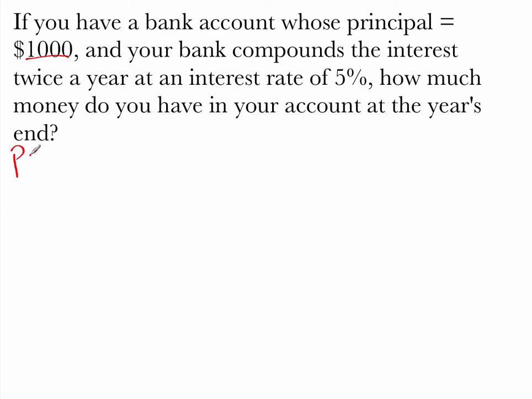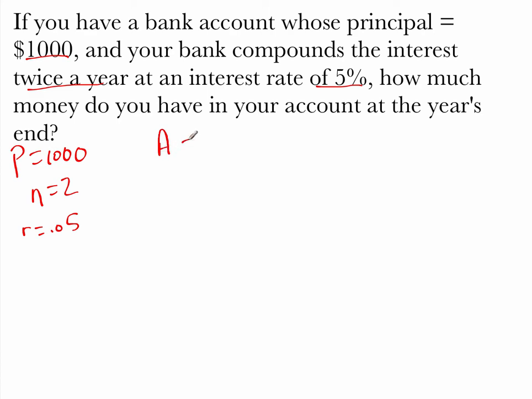So P is 1,000. It's compounded twice a year. So in this case, N is equal to 2. An interest rate of 5%, so R is 0.05. How much money do you have in your account at the year's end?